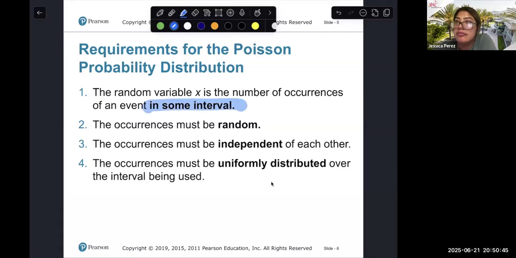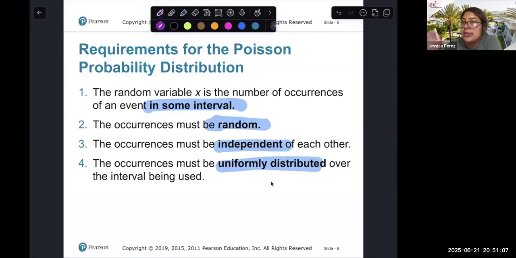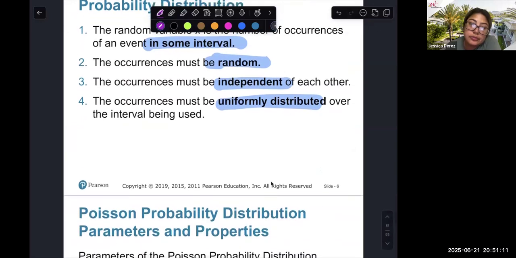Again, we see that word like three times now. The occurrences must be random. The occurrences must be independent of each other, and the occurrences must be uniformly distributed over the interval being used. A uniform distribution means the probabilities are mostly the same.